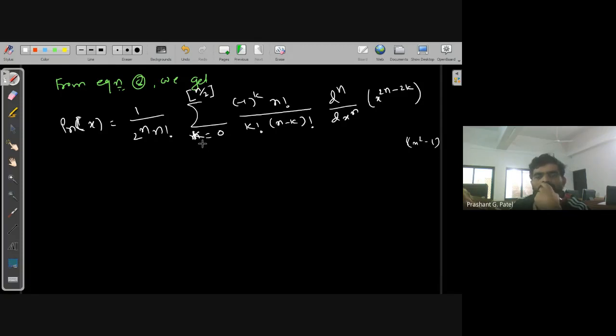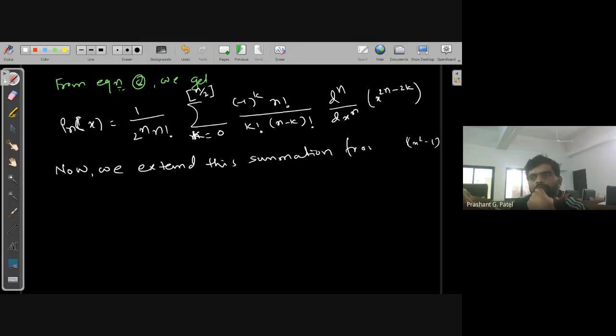Now this summation is actually from 0 to n by 2. Our goal is to extend this from 0 to n. So now we extend this summation from k equal to 0 to n.